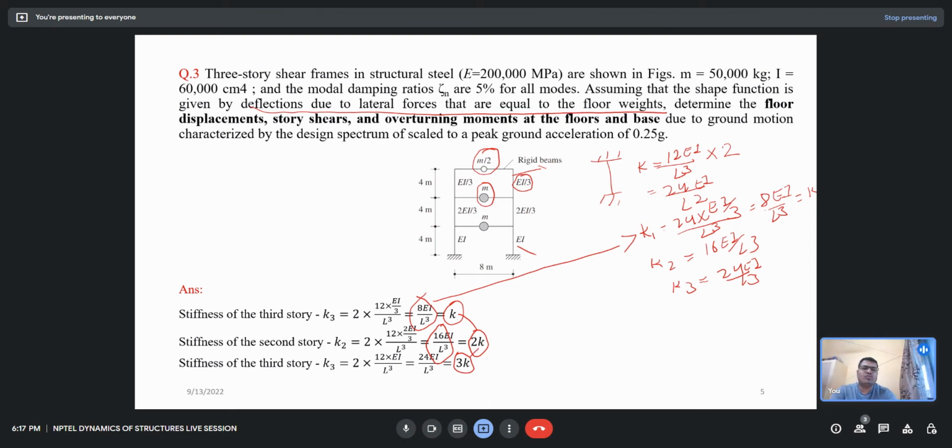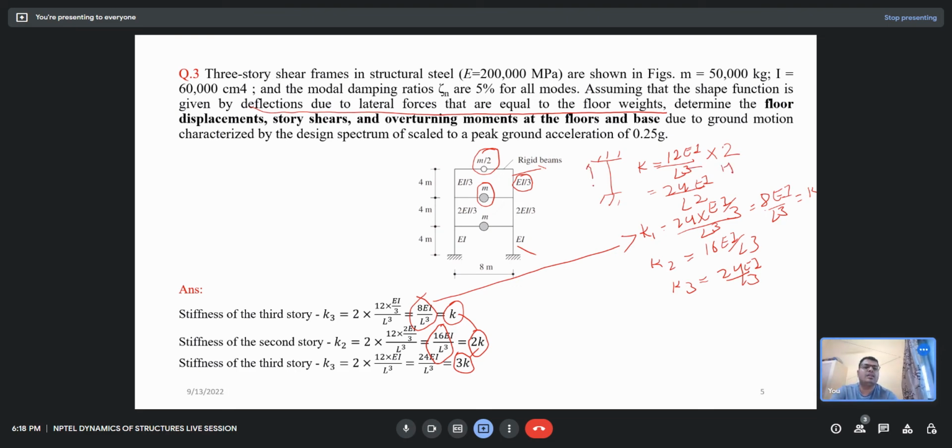And now I want to find out what will be my k. So k is 3 EI by L cube. If I put the value of the E, which is given to me as 2 into 10 raised to power 11 Newton per meter, and the I is given as 16,000 centimeter to power 4. And length, like the height of each story, here length is related to the height.